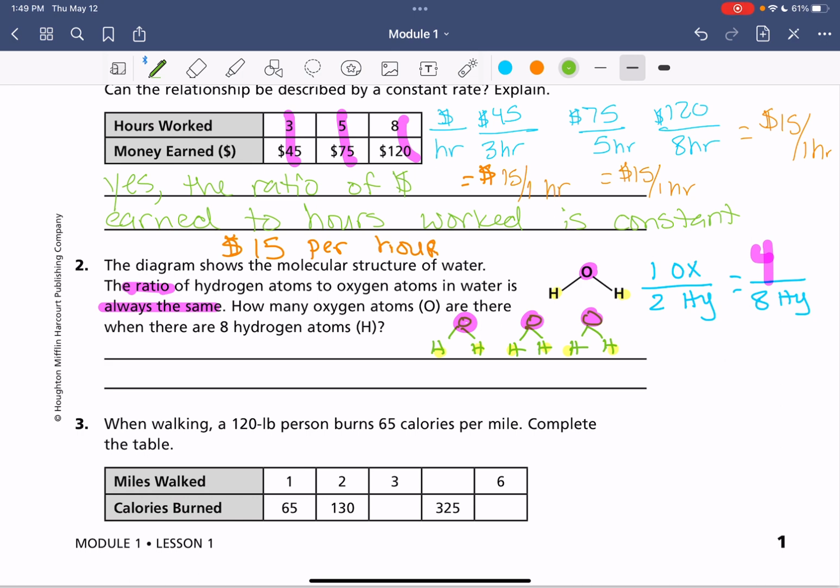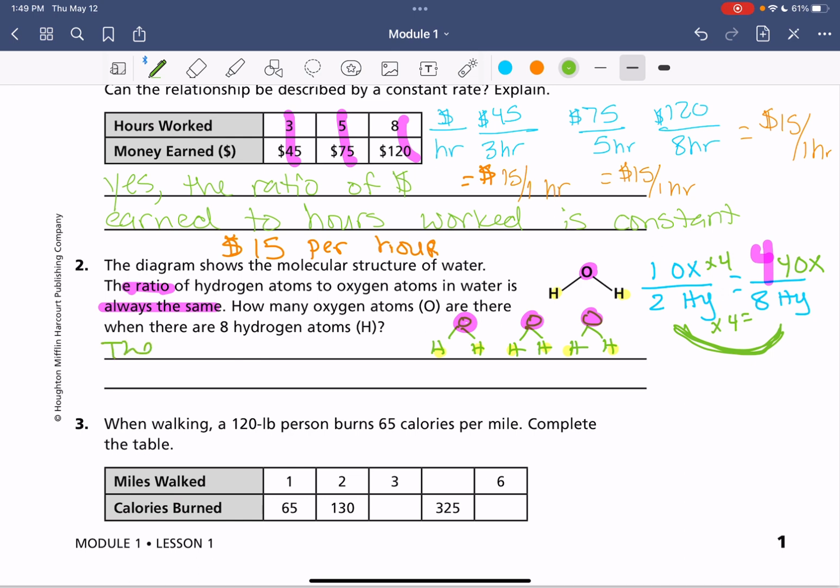We would want to identify what the relationship is between these 2 ratios here. So 2, how are we going to get from 2 to 8? What operation could we do? And what number would be involved? Pause if you need to, talk about it. We're going to need to multiply by 4. That's going to be our constant here, times 4, and that would get us our 4 oxygen atoms.